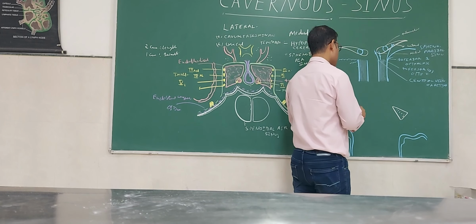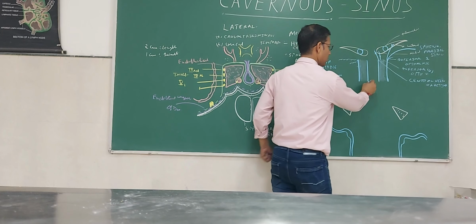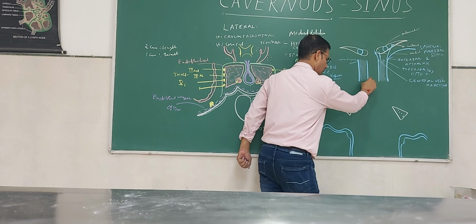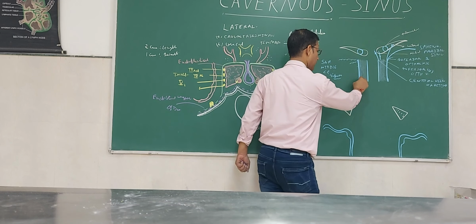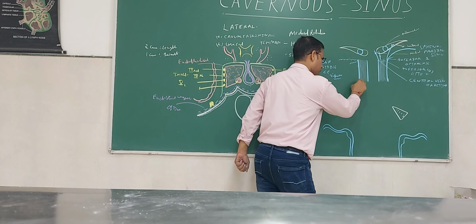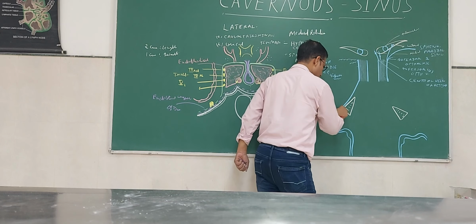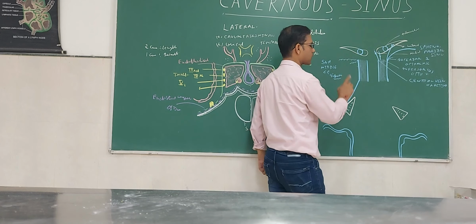Okay? From the medial aspect of this one, it runs along the upper border of the petrosal bone, the superior border of the petrosal bone. This is communicating with the transverse sinus.